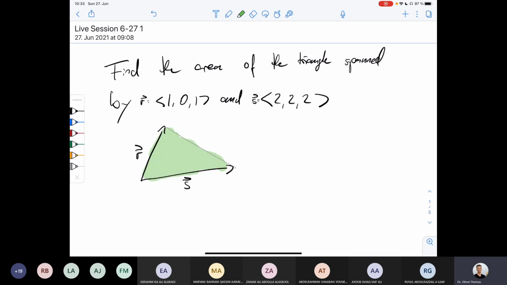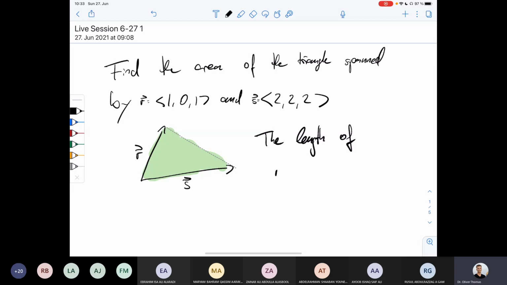And using the cross product, this is actually very easy because we have the following property. The length of the cross product between R and S is the area of the parallelogram spanned by R and S. So if we take a look at that, let's maybe take this one.